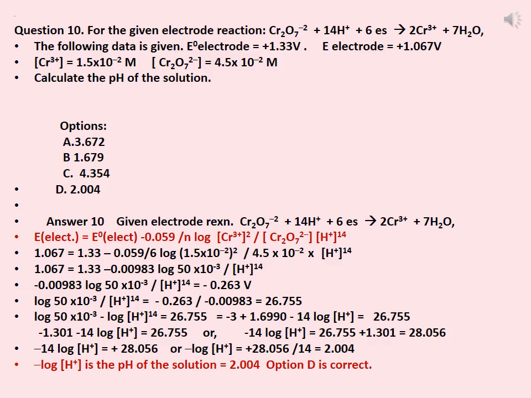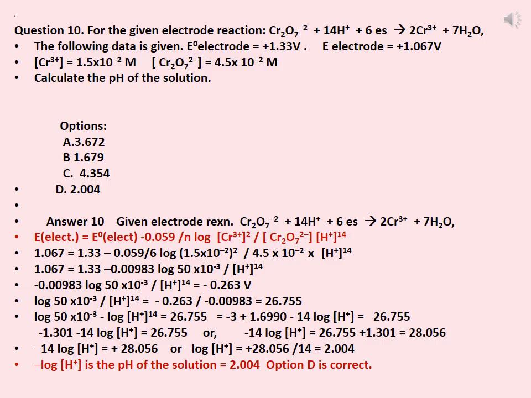So we get minus 14 log H plus concentration is equal to 28.056. Bringing 14 to the other side, we get minus log H plus ion concentration is equal to plus 28.056 divided by 14, which is 2.004.